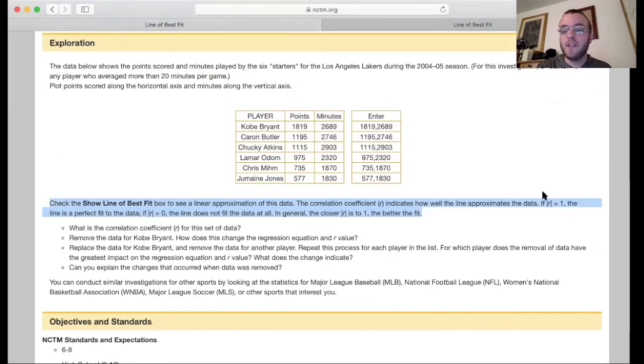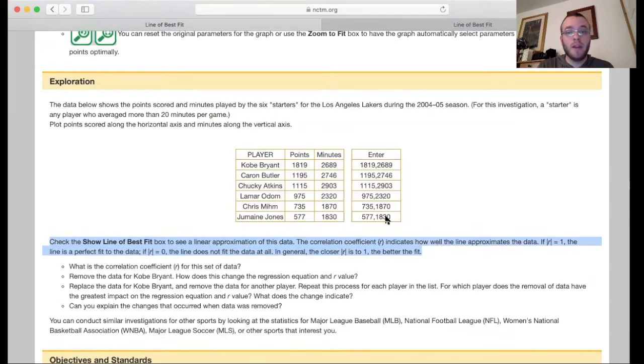If the absolute value of R is equal to 1, the line is a perfect fit to the data. If the absolute value of R is equal to 0, the line does not fit the data at all. And as a general rule, the closer the absolute value of R is to 1, the better the fit.